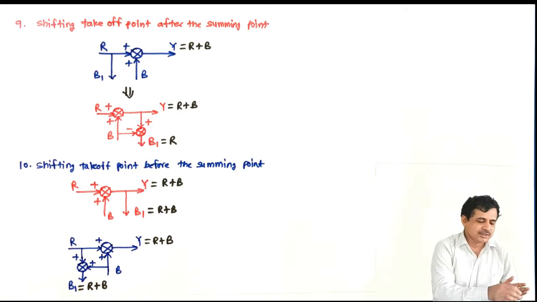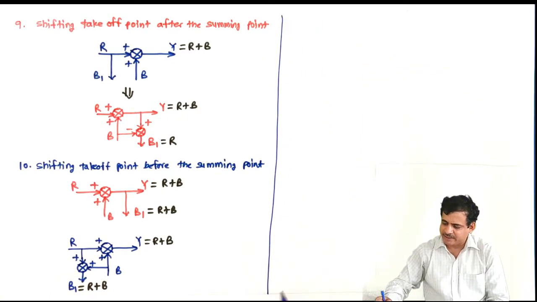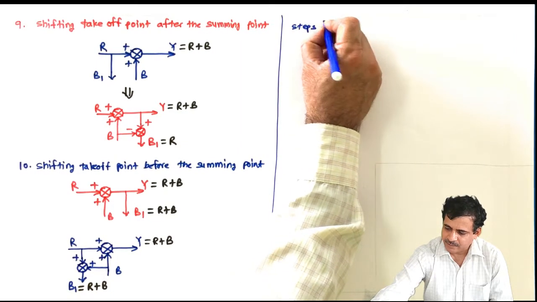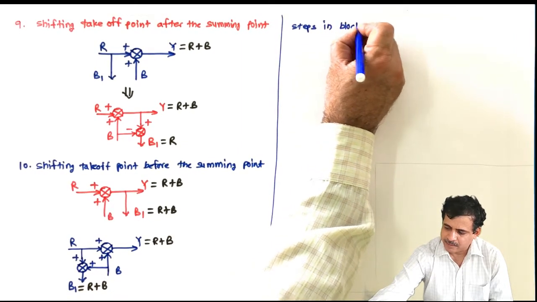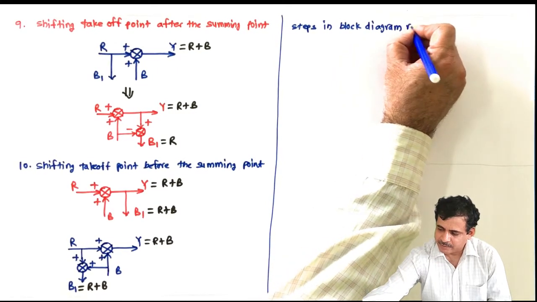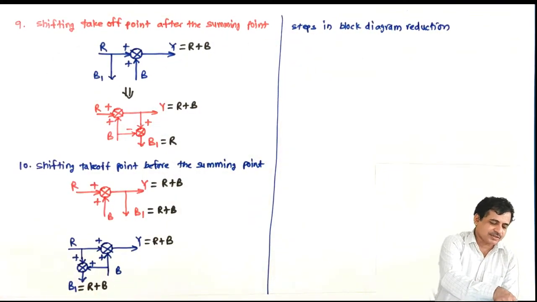8 rules. So the steps, now I will list down the steps in block diagram reduction, and I will end up the lecture. Steps in block diagram reduction. What is our purpose? We have to reduce the entire block to a single block system.